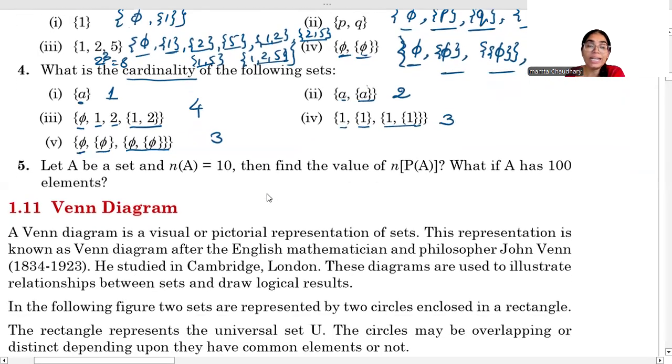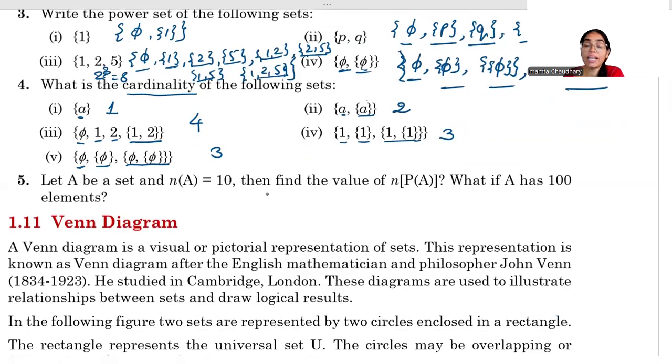Now next, let A be a set and the number of elements in A equals 10. It means the cardinality of set A is 10. Find the number of elements in the power set of A. Yes, this we have already studied. What we have studied is how many elements are there in a power set: 2 raised to power the number of elements in the set.